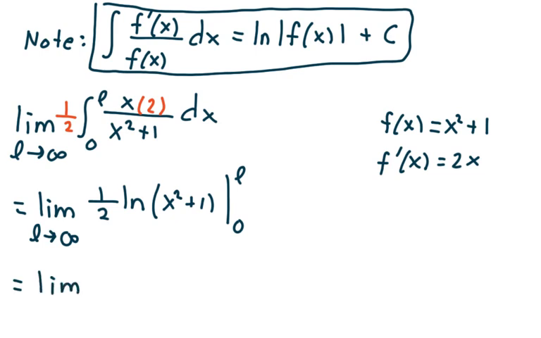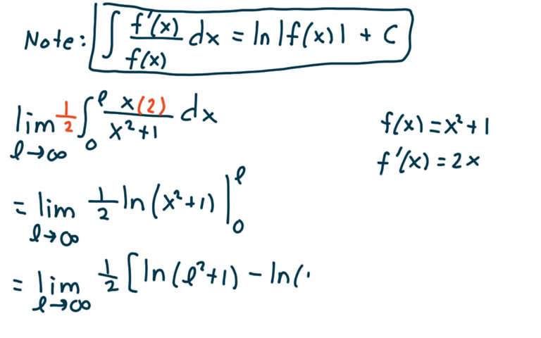So this is the limit as L goes to infinity of 1/2 of natural log of L squared plus 1 minus natural log of 1. But as L goes to infinity, this term goes to infinity. And remember, natural log of 1 is 0. And so this is equal to infinity.